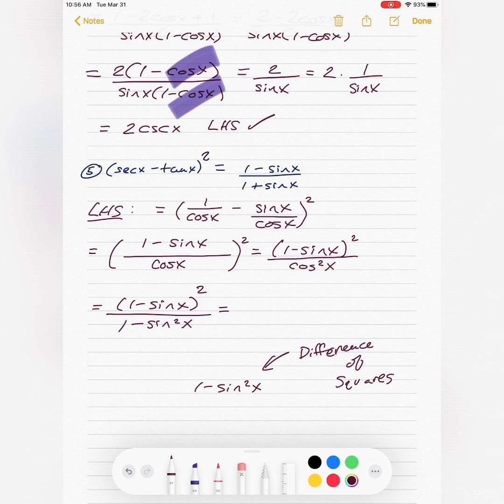Compare it with something simple. 1 minus u squared. Isn't that 1 plus u, 1 minus u? In other words, can't I actually factor the denominator here as 1 plus sine x, 1 minus sine x?